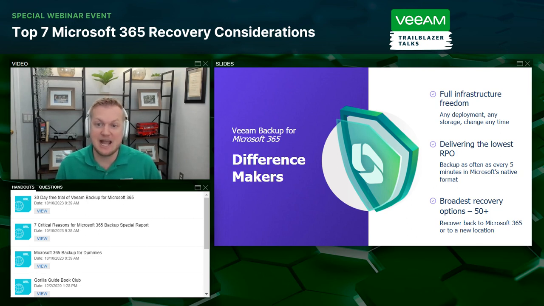You can change it at any time. You can use Azure 1 year, AWS the next. We do not care at all. We deliver a very low RPO, as often as every 5 minutes in Microsoft's format, and we provide you up to 50 recovery options, and we'll cover just a few of those over the next few slides.